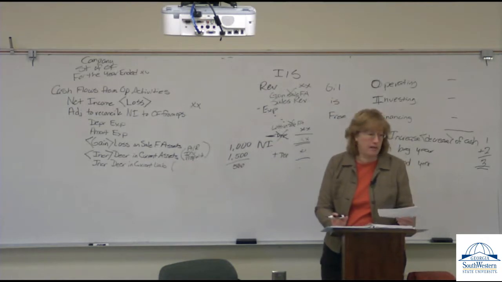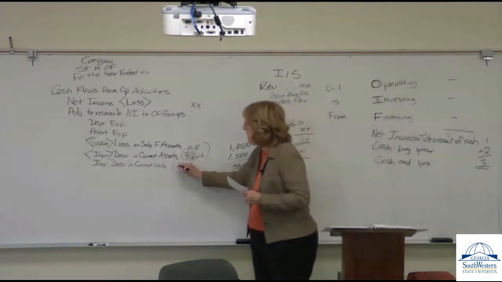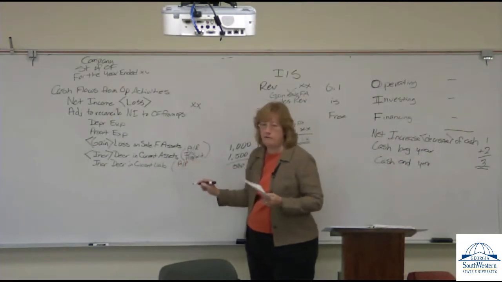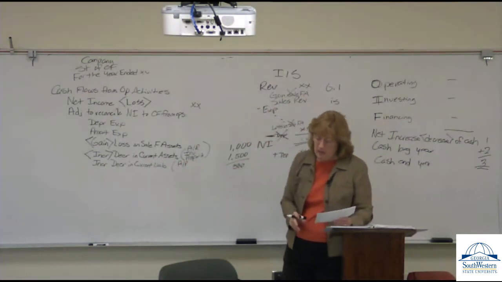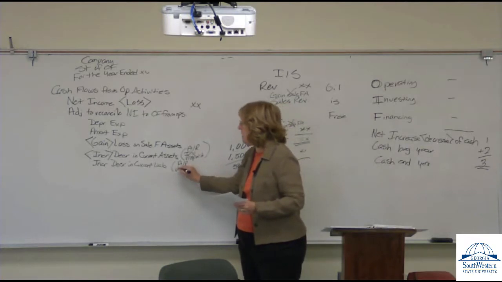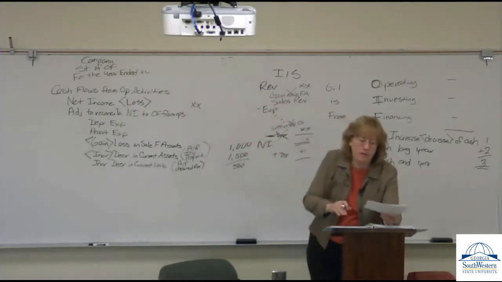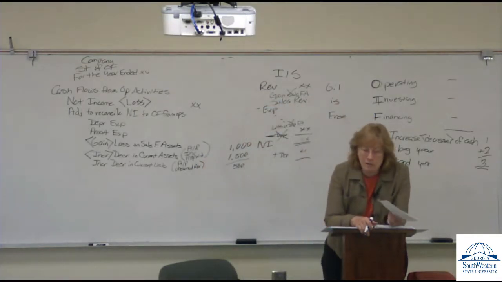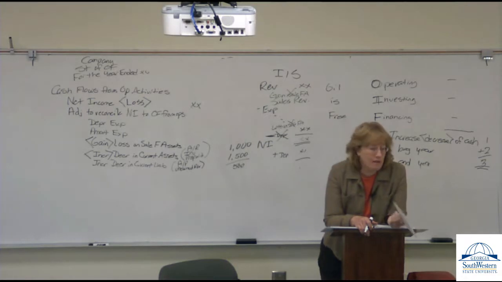Accounts payable is like the main one, right? Accounts payable or any kind of other current payable like that. And then another one is unearned revenue. Okay, and then any other kind of current liability. I'm just naming for you kind of the most popular ones, okay?